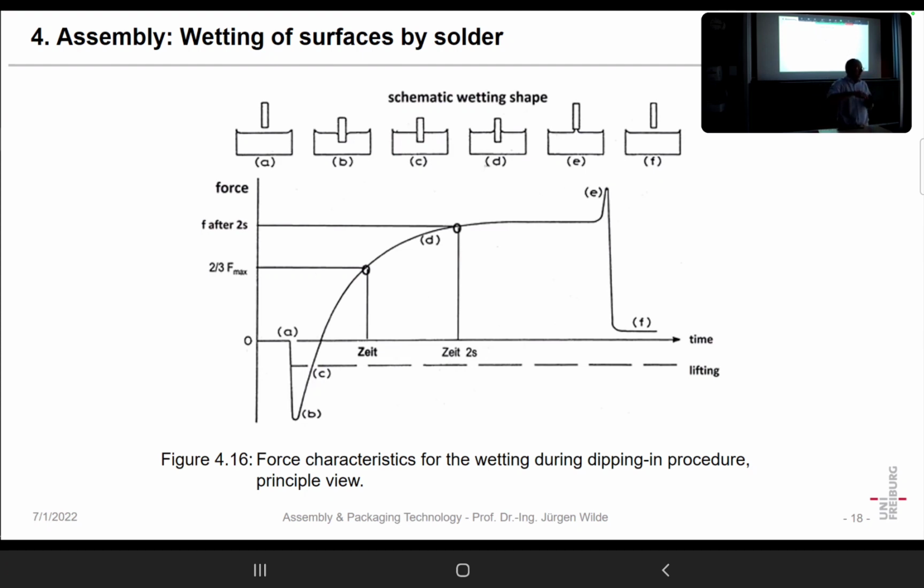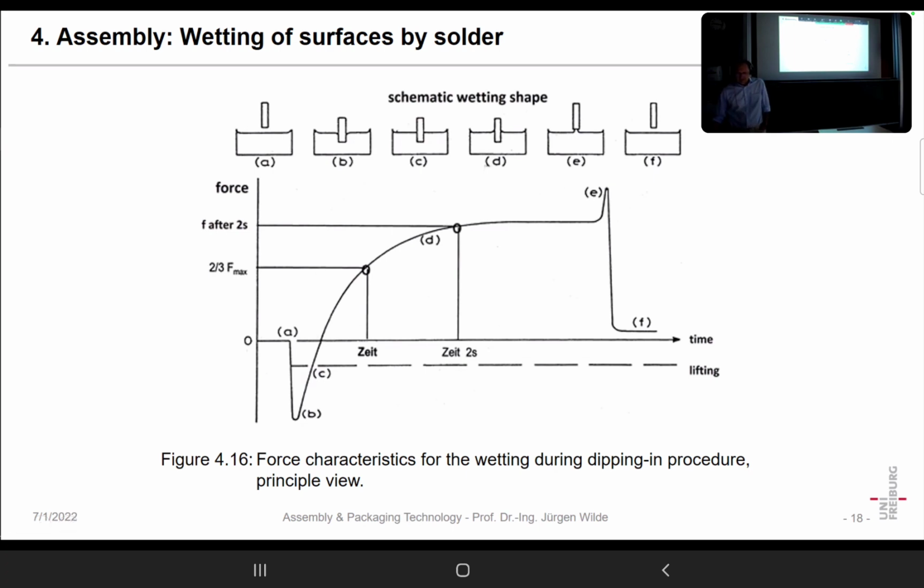The second is when it's too long, that means the flux doesn't start to act until the soldering process is already finished. And that's also nothing we want to have. So the time of activation of such a material, the flux, should be in a certain time window or time frame. And to that purpose, it's also important to take the time. But anyway, wetting should be relatively fast, within a few seconds.